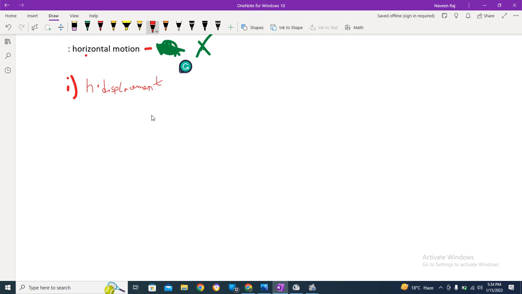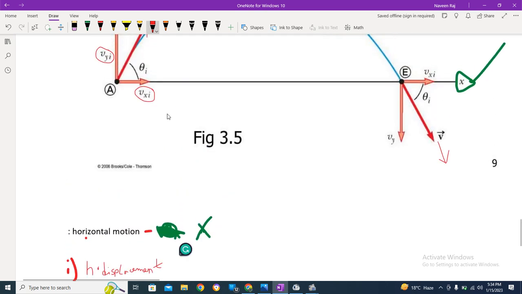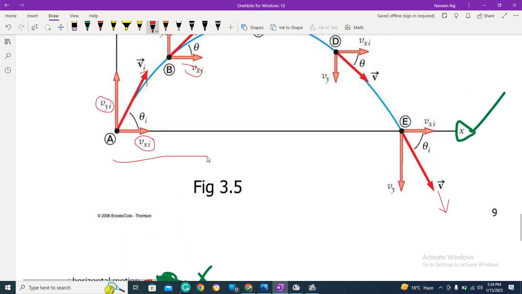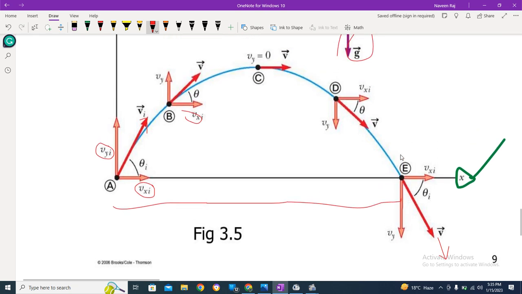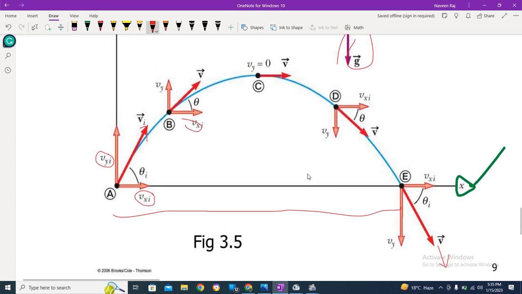Displacement is a kind of distance. The horizontal displacement is from the initial point to the final point; the distance between them is termed the horizontal displacement. Similarly, the vertical displacement is the distance from here to here, that is vertical, while this is horizontal. So simply this is the thing.